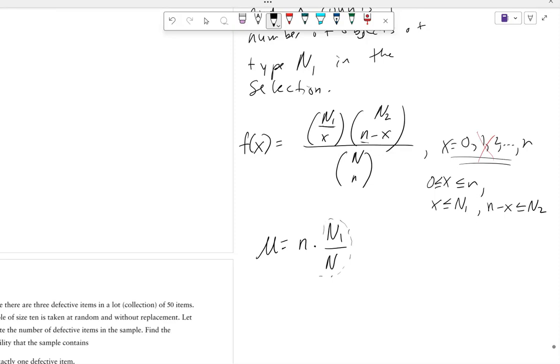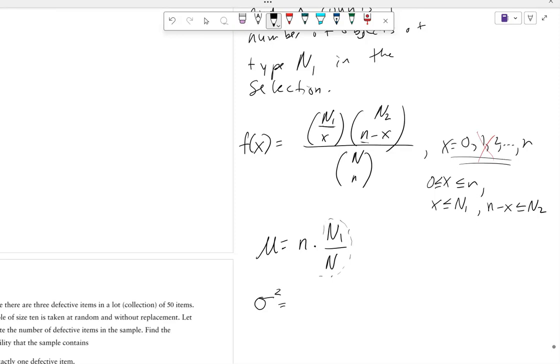Now, for the variance, it's a little bit trickier, but part of it makes sense. The part of it that makes sense is, again, if your sample size, how many you're pulling out of the set, is really small relative to the size of all your objects, how big your group is, you might as well model with a binomial, right?